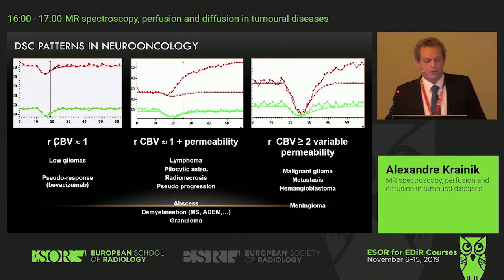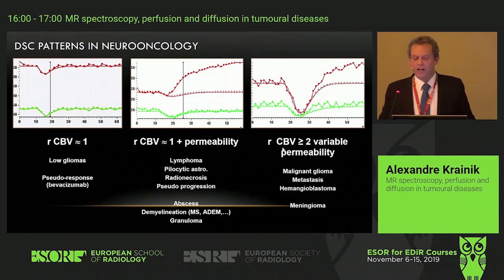What you have to remember is when you compare the reference here in green, and your main region of tumor region of interest, when you see the area above this curve are quite similar, you have a ratio very close to 1, without any leakage. You can find it in low-grade glioma, and in pseudoresponse. We'll see it in a moment.